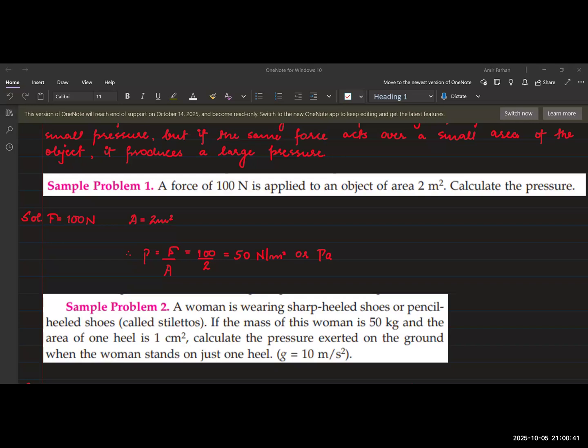Hafsa, Ramiz and Shakrika, Gauri, Tanisha, share your answer. Alif as well. Alif, turn on the video. Tanisha, turn on the video. Shakrika, you as well.